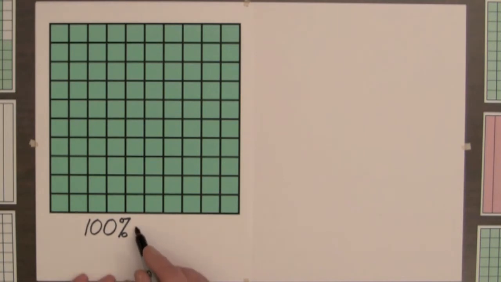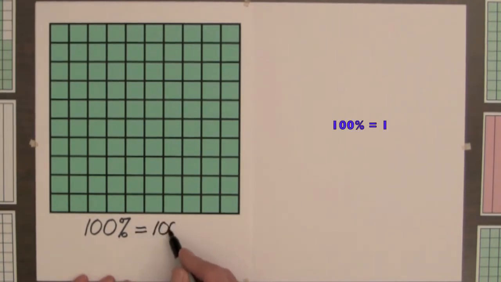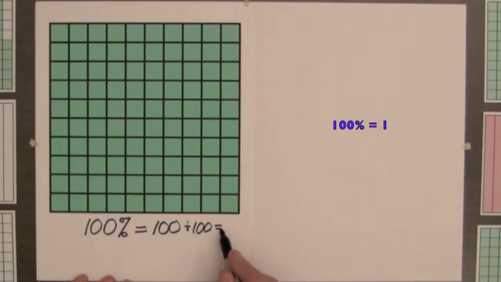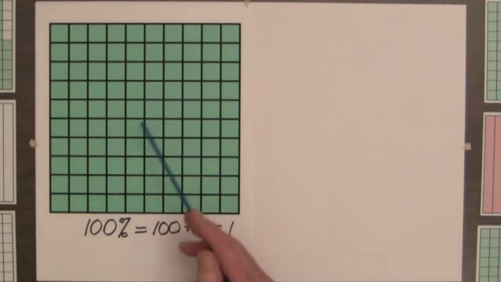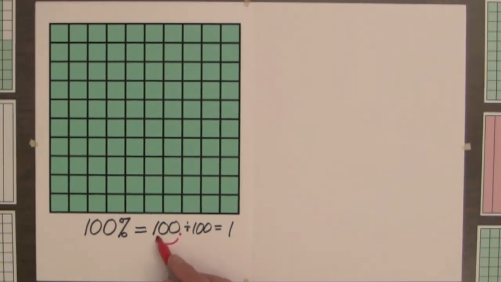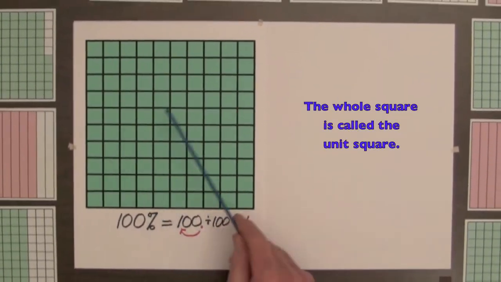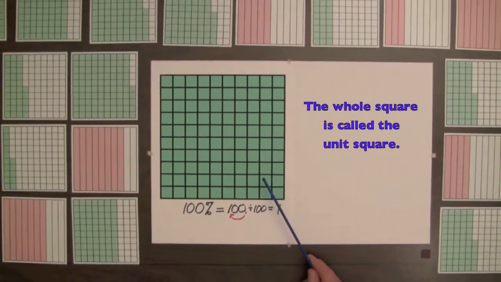And to obtain the decimal for 100%, we divide 100 by 100 and obtain 1. This 100 is the 100 small squares, and to divide by 100, we move the decimal point 2 places to the left. We will call this full square the unit square.